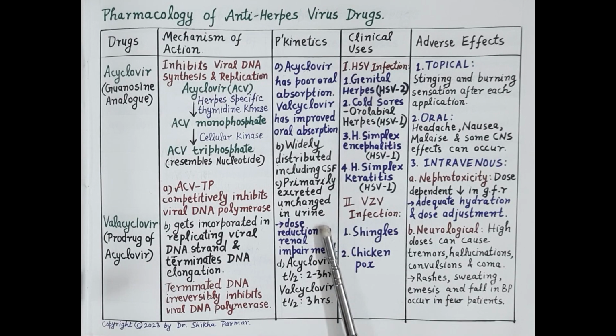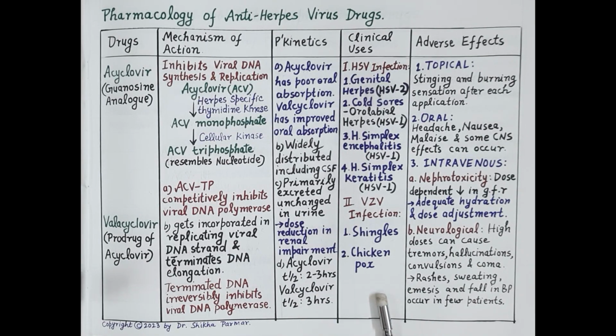These drugs are primarily excreted unchanged in the urine, and therefore dose reduction is important in renal impairment. Acyclovir has a half-life of 2 to 3 hours, while valacyclovir has a half-life of 3 hours.